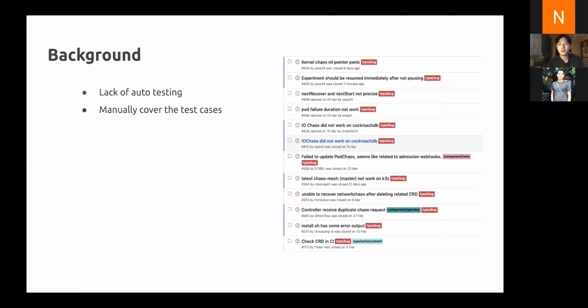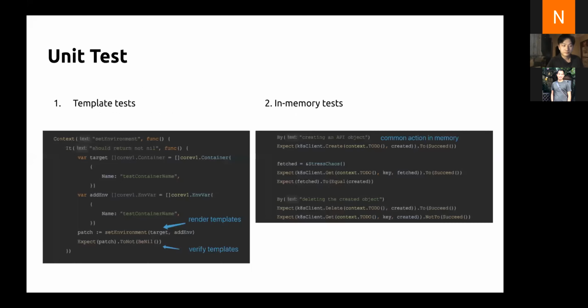Each time we merged a request, our developers had to manually test and cover the basic test cases to ensure Chaos Mesh functionality. We were also very worried about undiscovered bugs.